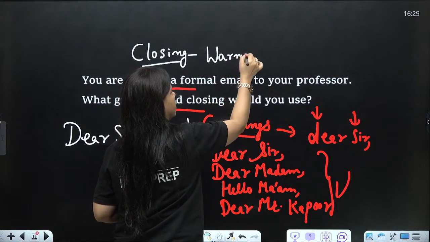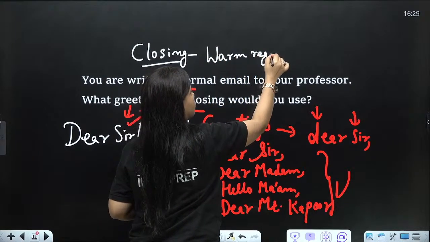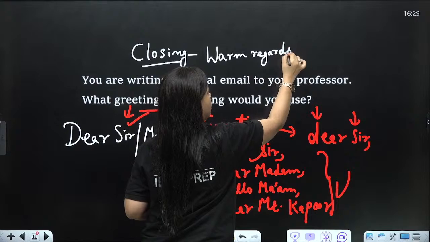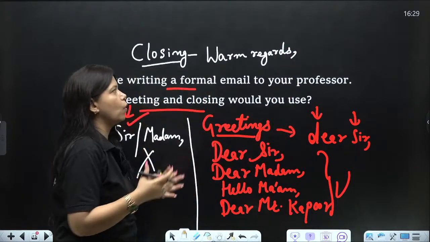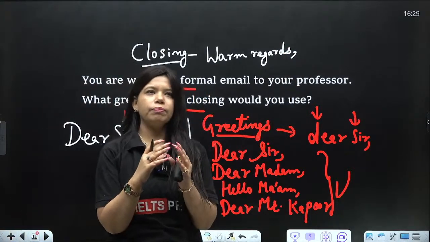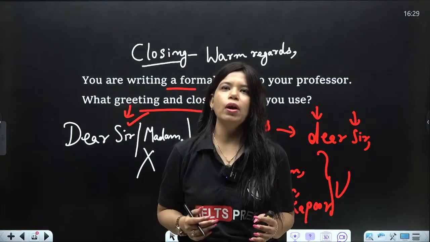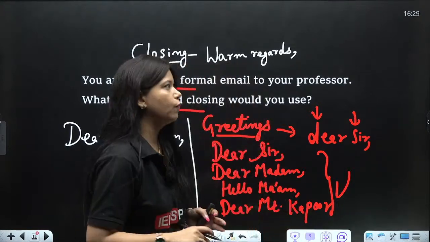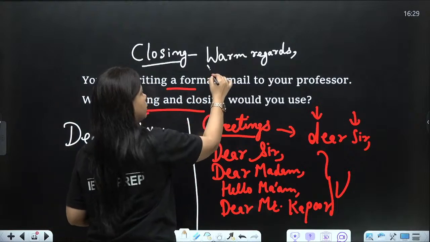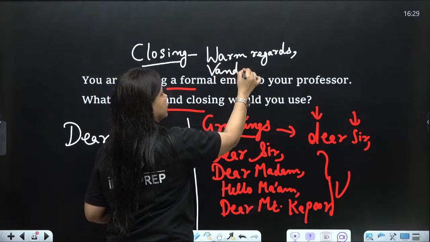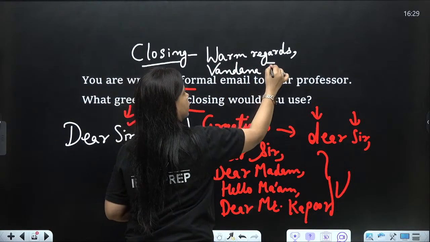Whenever I am writing a formal email to my boss, I always write warm regards, and a lot of people write this. It is followed by a comma, and then I have my professional signature, which I put below it. If you do not have your professional signature, go with your full name. So if I have to write full name, I will write like this, Vandana Tarwani.